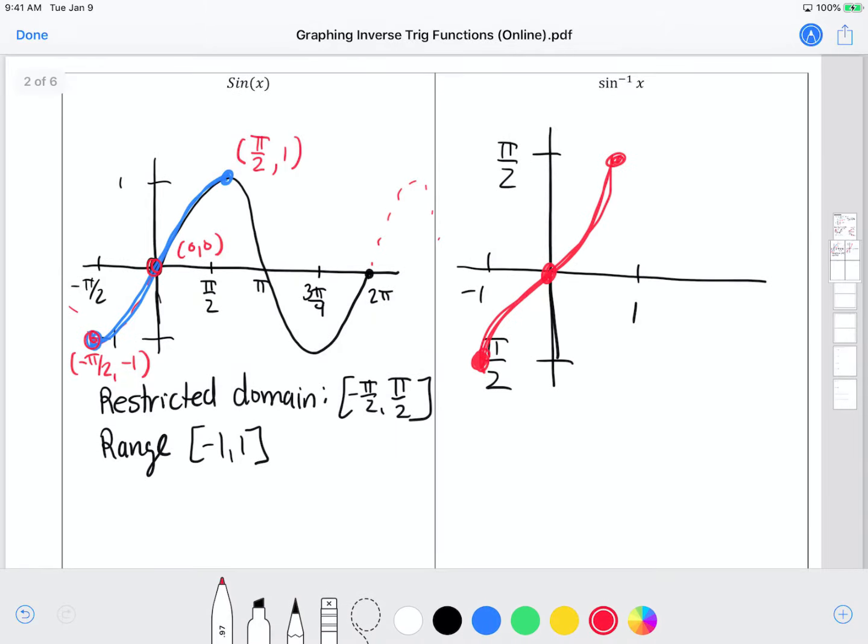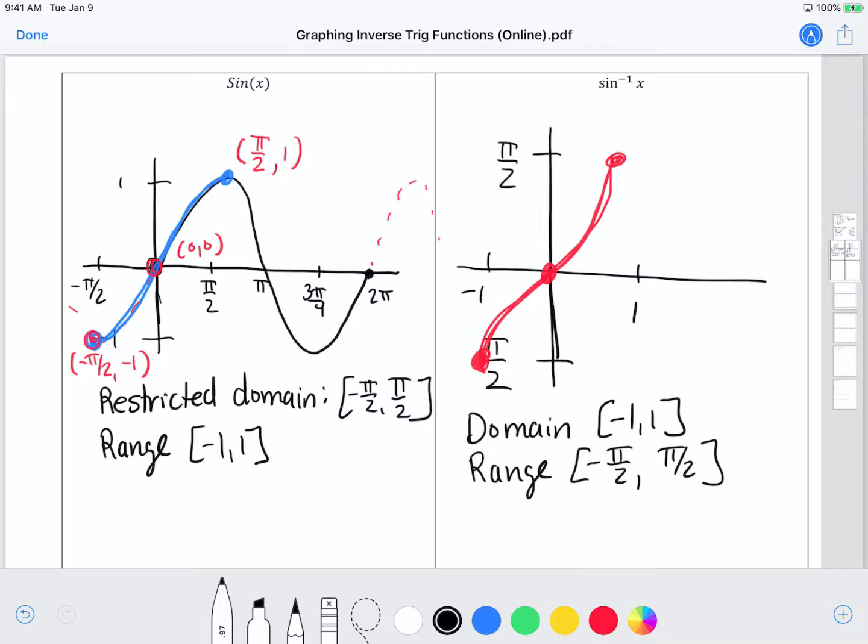Okay, so for the inverse sine then, the domain is going to be negative 1 to 1 because all my x's and y's switch, and my range is going to be minus pi over 2 to pi over 2.